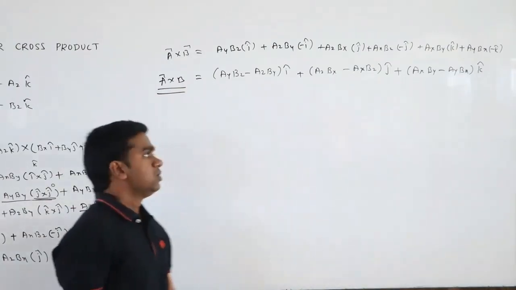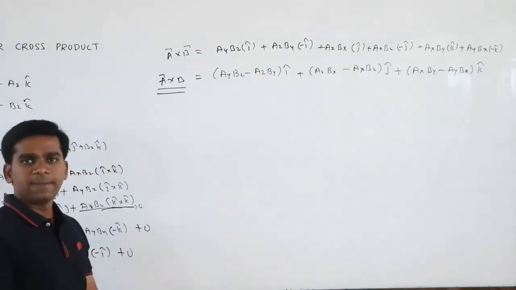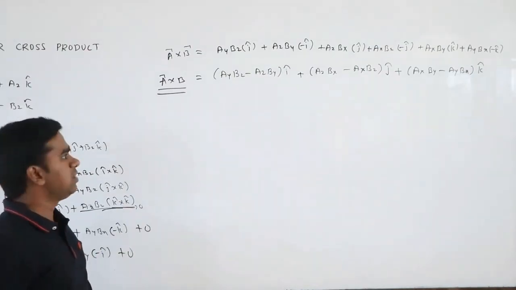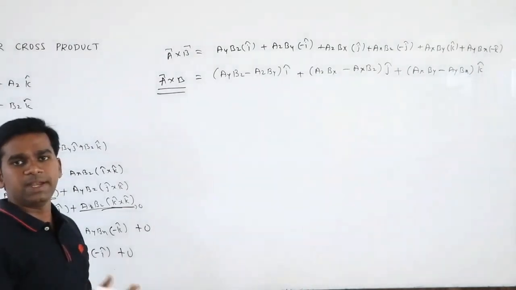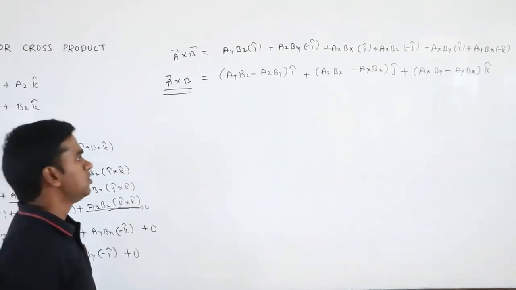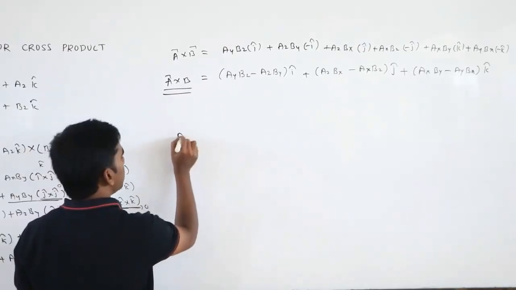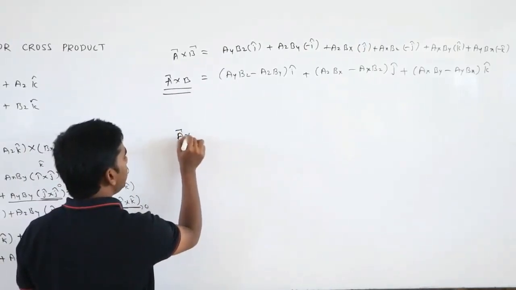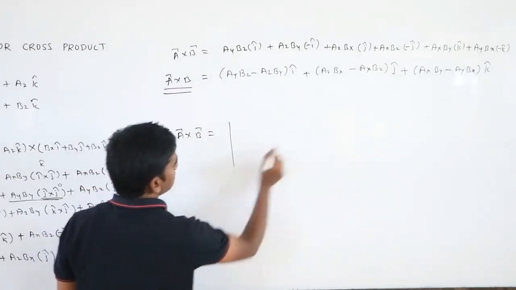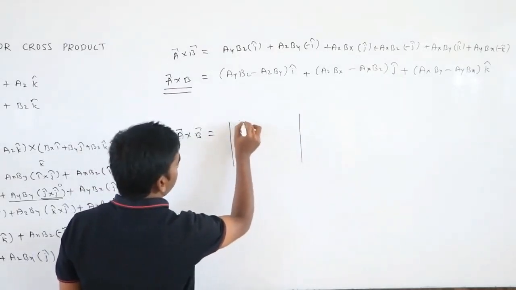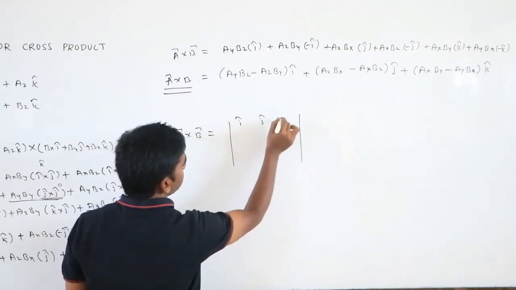So how to remember this one? That will be a difficult thing. So that is why we can go through the matrix or determinant method. So that is a better way. So if you have A cross B, you make a determinant like this. Okay, so first you write i cap, j cap, k cap.